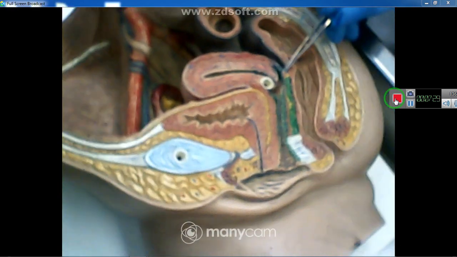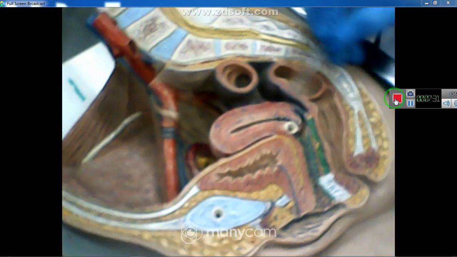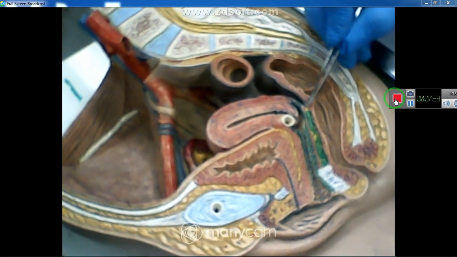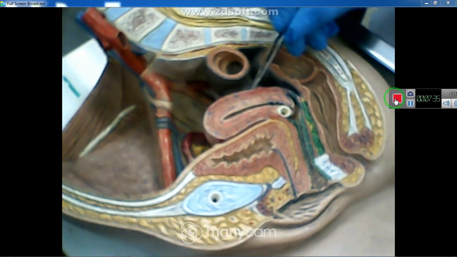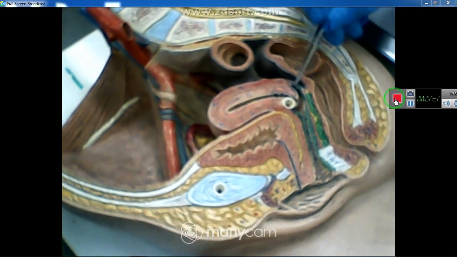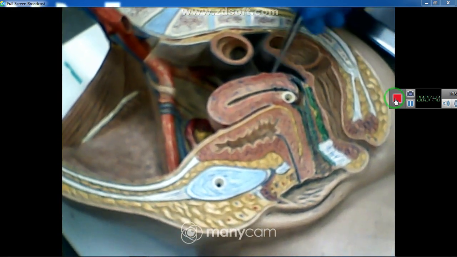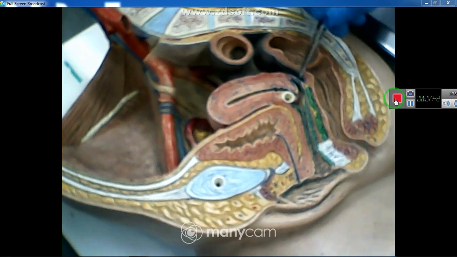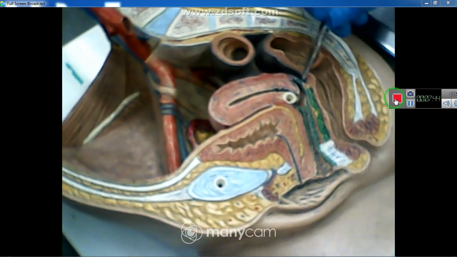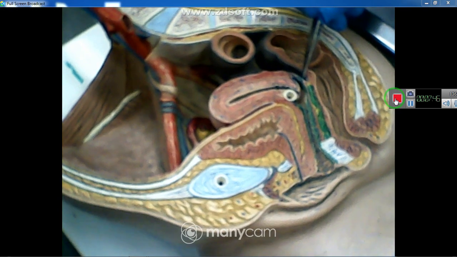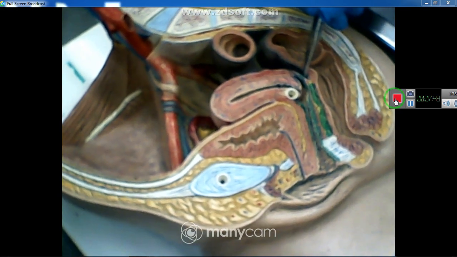This is the upper two-thirds of the rectum anteriorly covered by peritoneum. Here the peritoneum is reflected to the uterus. Actually, it is reflected to the posterior fornix of the vagina and then to the uterus, forming the recto-uterine pouch of Douglas, mimicking the rectovesical pouch in male.